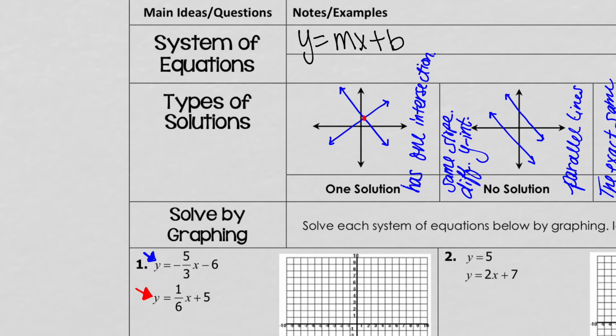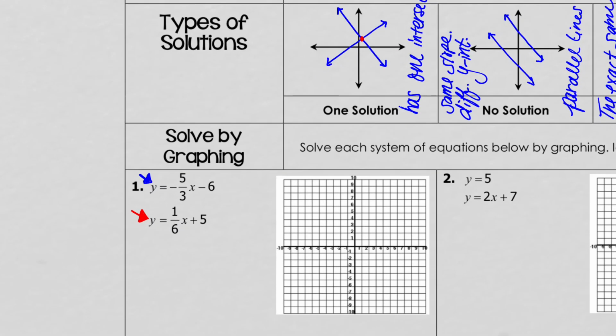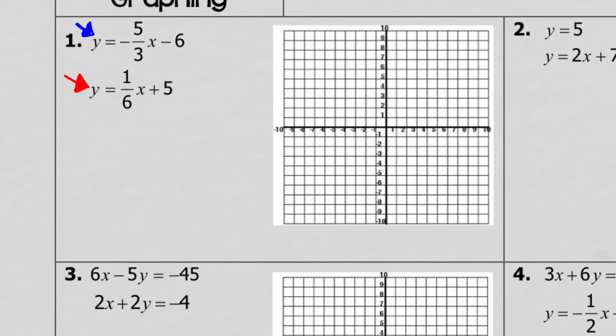Okay, what does the m stand for? What does the b stand for? What do I start with out of these two? Slope or y-intercept? Start with the y-intercept. What is my y-intercept of this blue? -6. So I start at -6 on the y-axis.